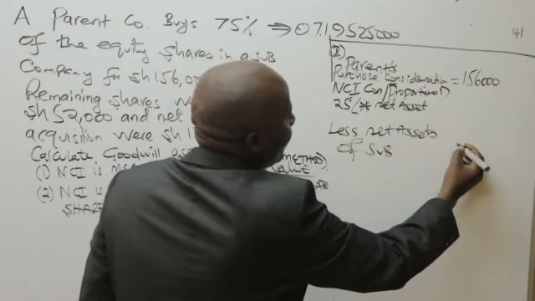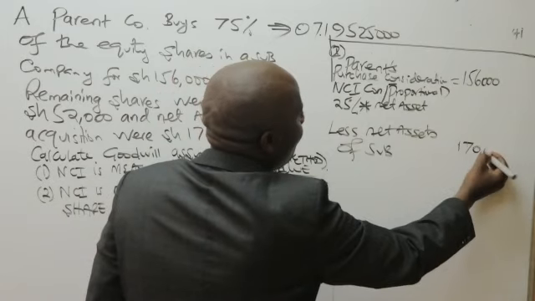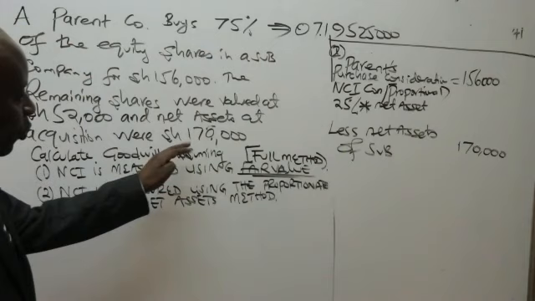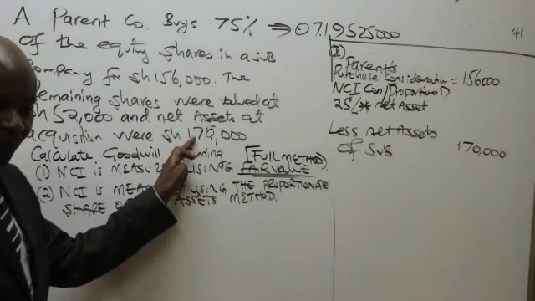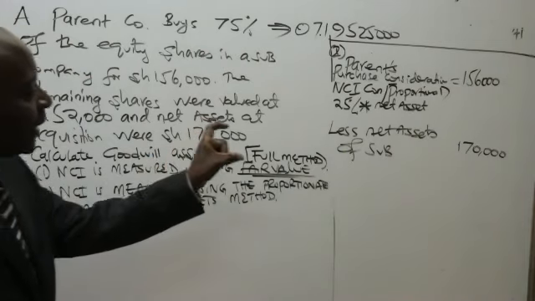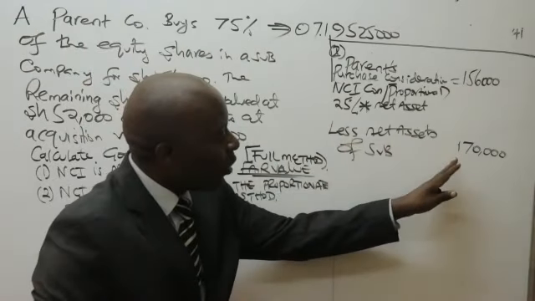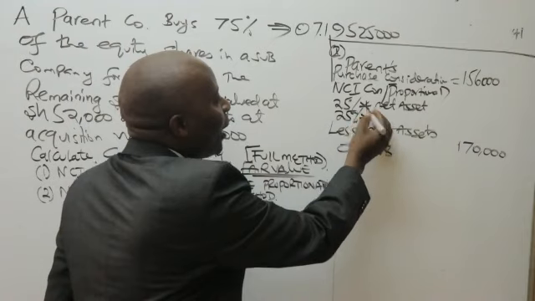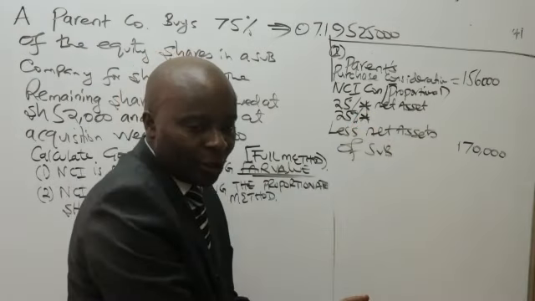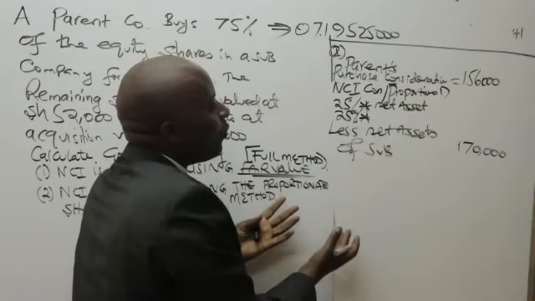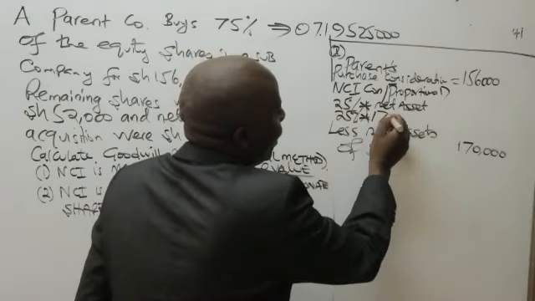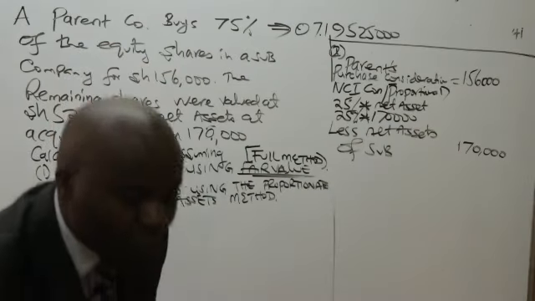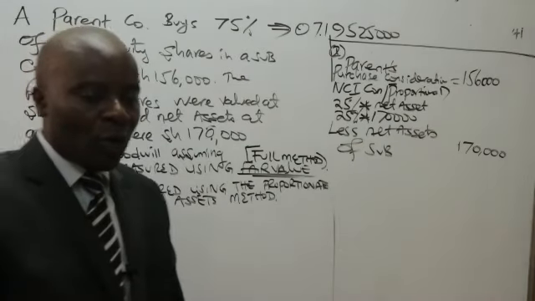If you remember very well, the net assets of the subsidiary were worth 170,000. So it is these net assets of the subsidiary, worth 170,000, that will be used to calculate the NCI's share: 25% of the subsidiary's net assets, 170,000 like that.